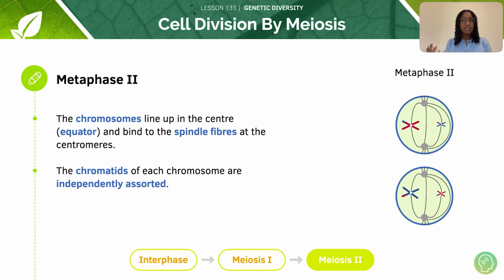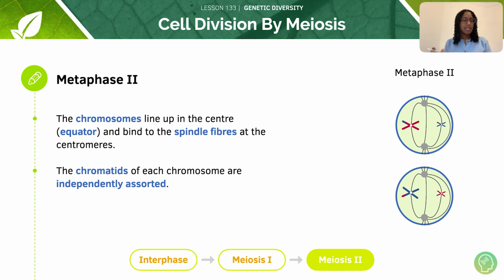Again, as what happens in metaphase 1, in metaphase 2, the chromosomes line up in the centre of the cell, or we sometimes call it the equator of the cell, and spindle fibres bind to the centromeres, so the centre bits of the chromosomes. And the chromatids of each chromosome are independently assorted.